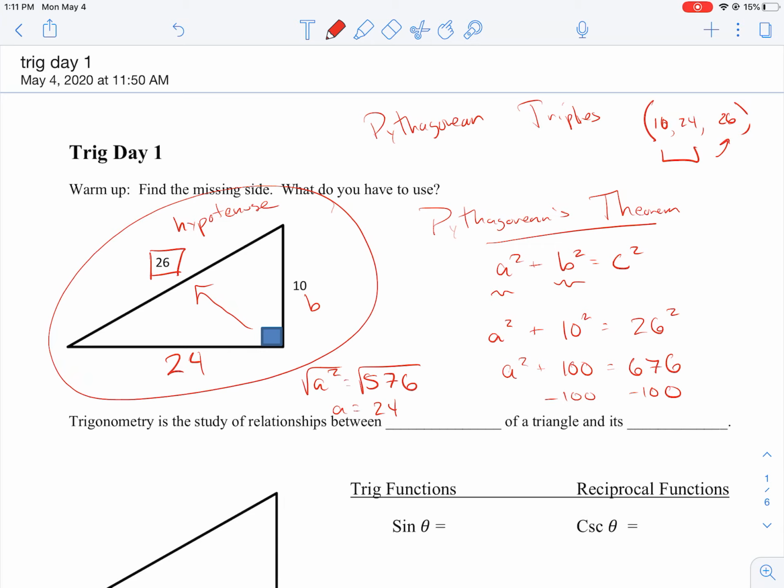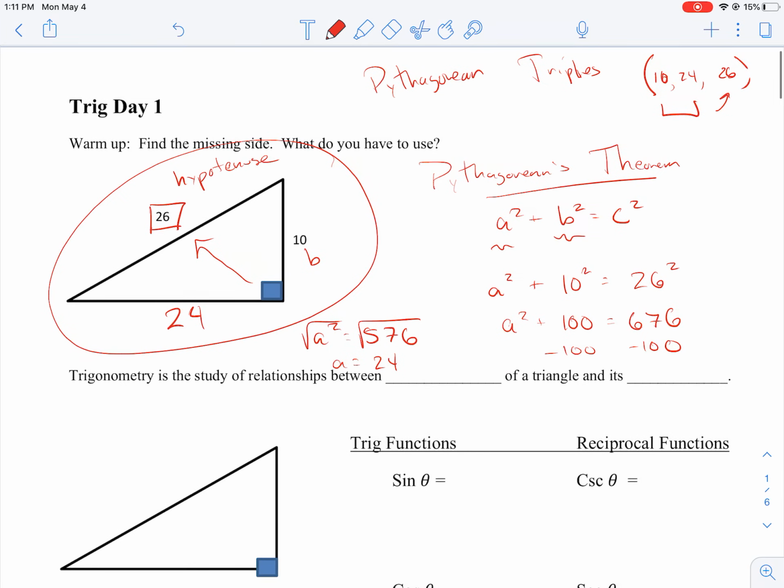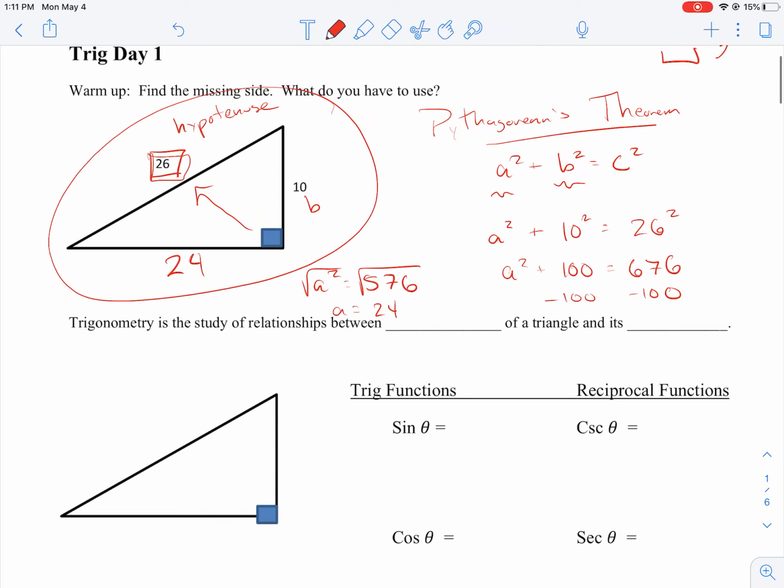That's what it means to be a Pythagorean triple. It's going above and beyond, but it's important to remember just in case. It just means you have nice numbers for all of your sides.